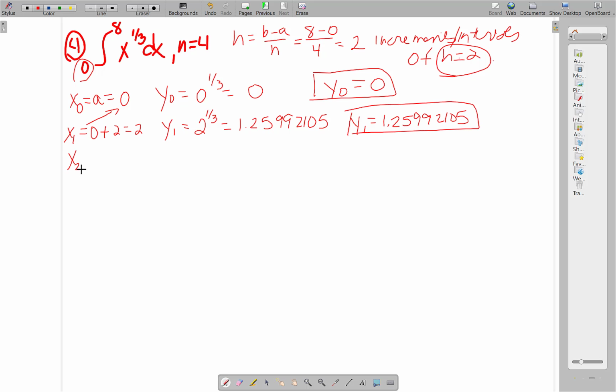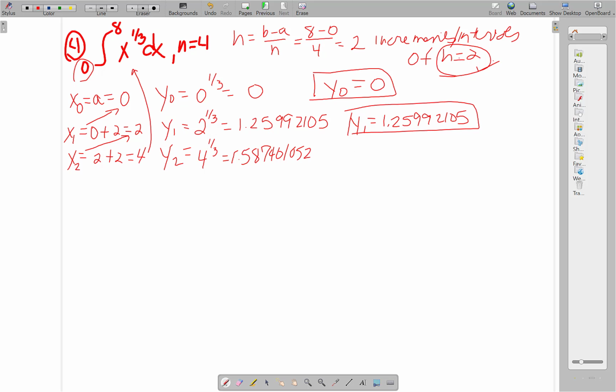Now what will be our next x? It will be what we had before, 2, plus the increment of h, which is 2, and that's 4. So now we find y of 2, which means we put 4 into this equation, and we would have 4 to the 1/3, which equals 1.587401052.